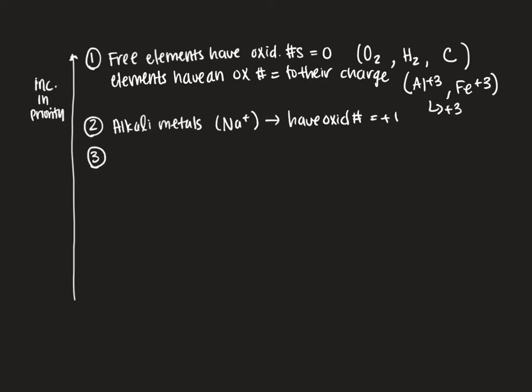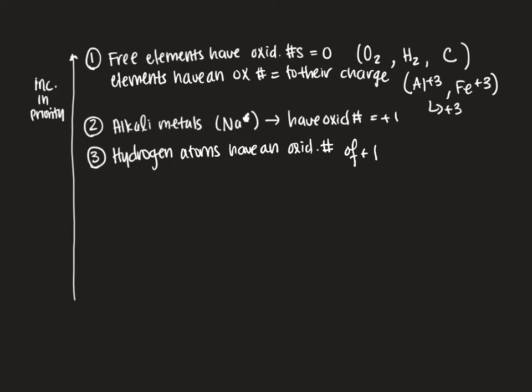The third rule is hydrogen. This doesn't have to actually be an ion, but it's a really important one because it comes up a lot. Hydrogen atoms have an oxidation number of +1. Now, all of these have buts.